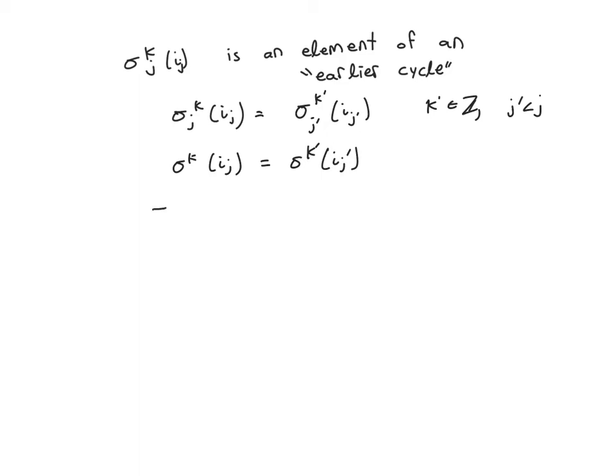And it's not too hard to get the contradiction here because, well, one of these two integers is smaller than the other. So if you invert enough, you now get that i_j is sigma to the k prime minus k of i_j prime, which would tell you that i_j is on the cycle.